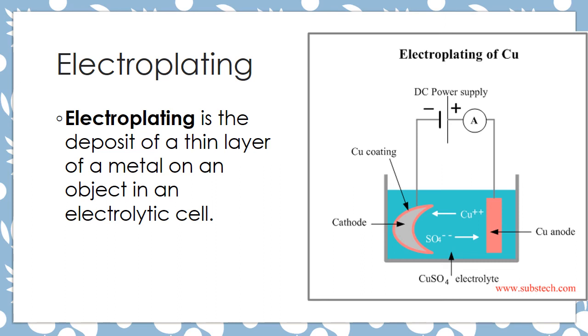You can make the copper move from the copper anode to the cathode. The copper comes off and replates on the other side. You can look up lots of videos on this if you're interested. I just wanted you to know what electroplating was, and if I had had time, maybe demonstrate it in class, but we won't be able to do that.